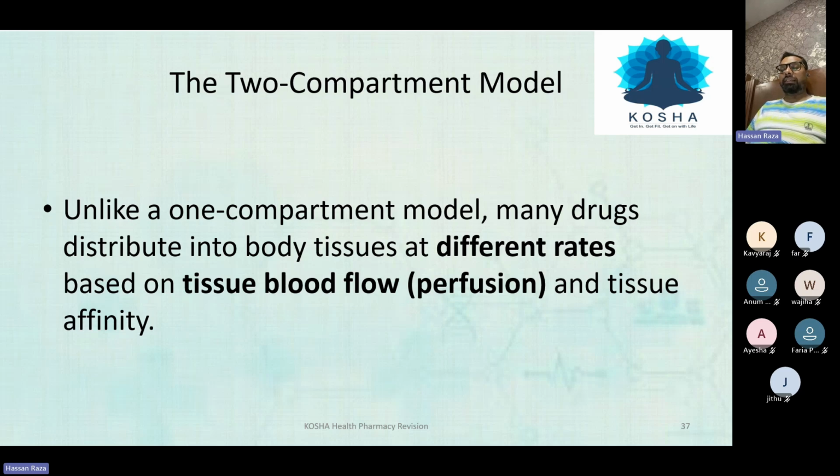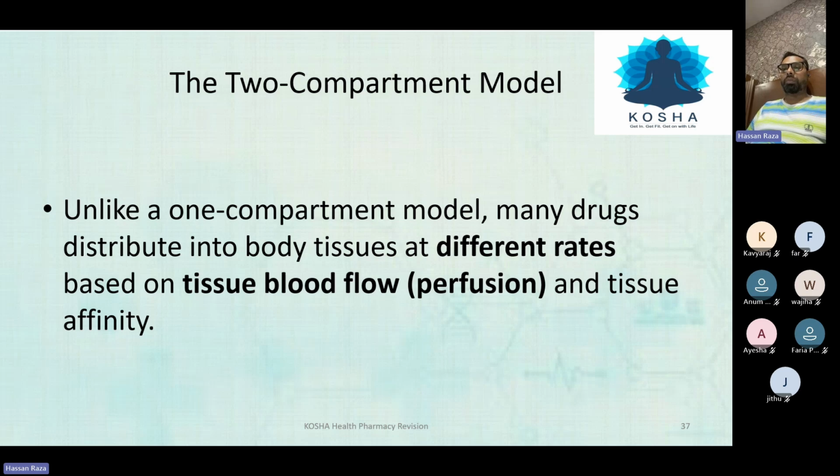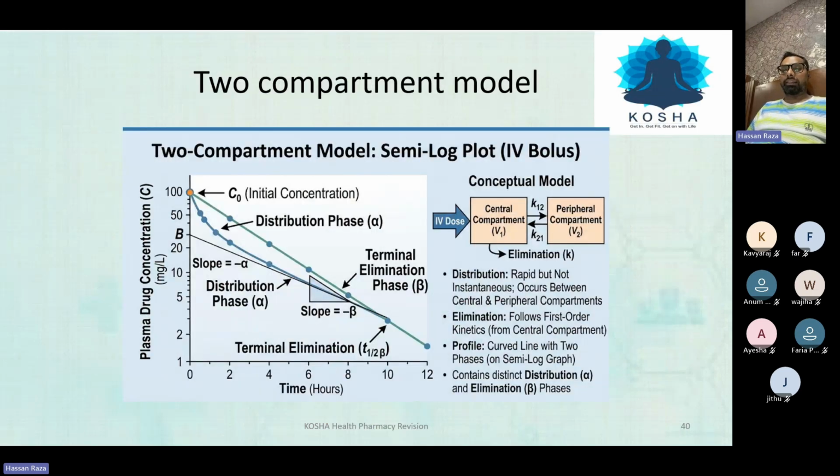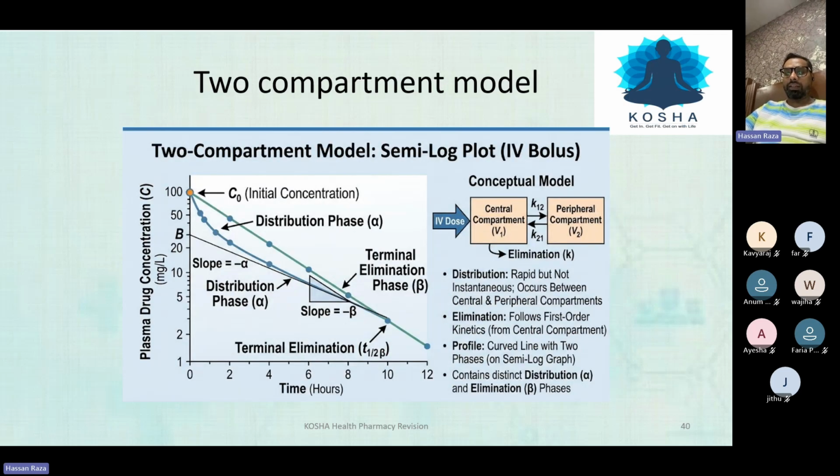But there are many drugs like vancomycin which follow a two compartment model. Now this slide will help me elaborate the two compartment model. What is the two compartment model?